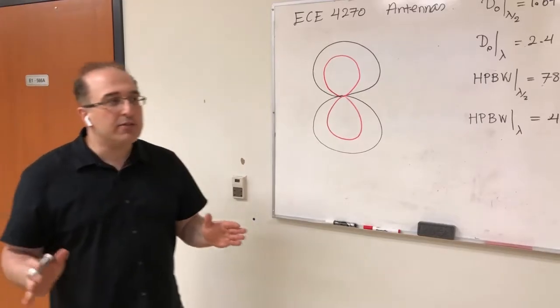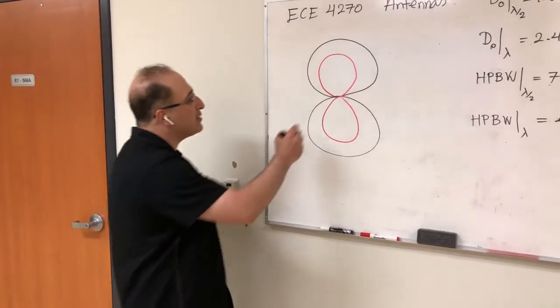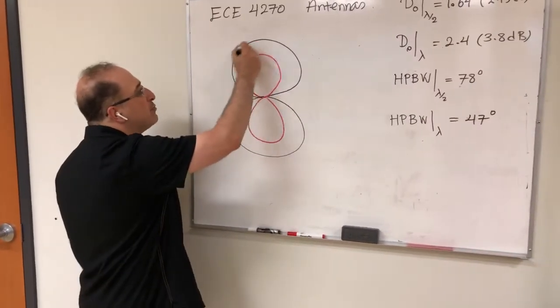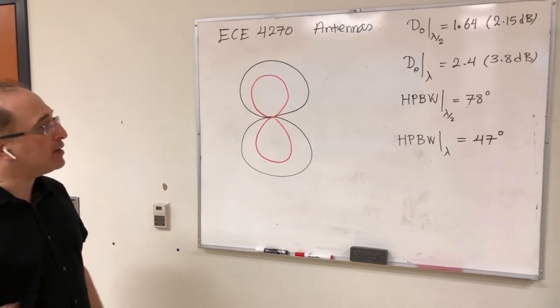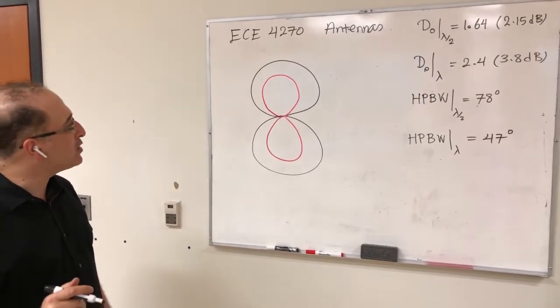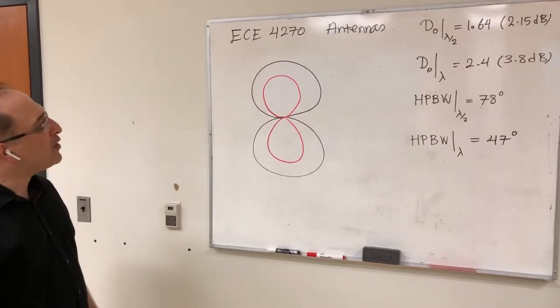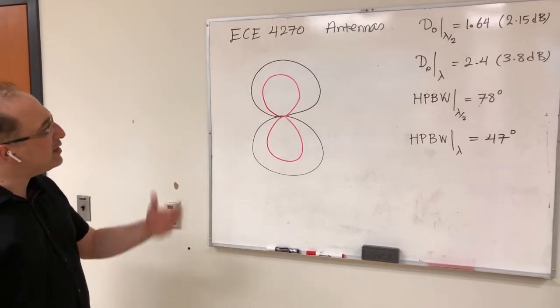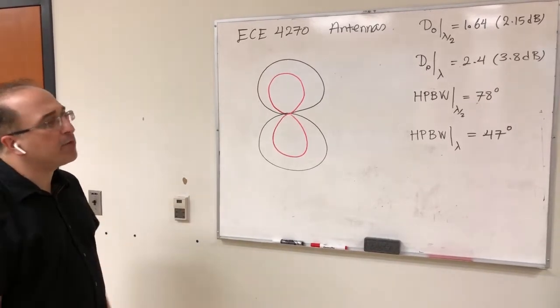From the experiment, we just observed that the pattern of the half wavelength dipole antenna was very similar to this black curve that I plotted here. And the pattern of the 1 lambda dipole antenna, as we just measured, was very similar to the red curve. From these two plots, you can immediately see that the red curve has a smaller half power beam width.